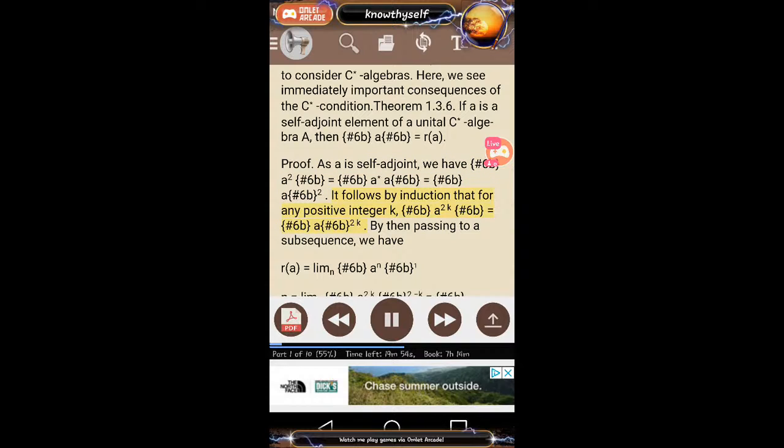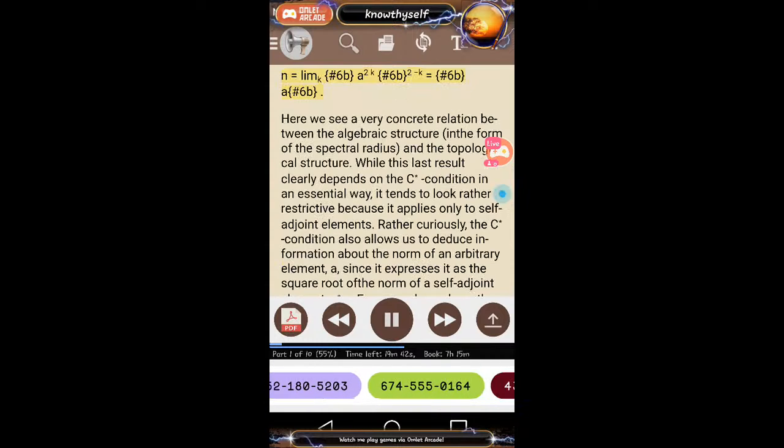It follows by induction that for any positive integer k, ‖A^(2^k)‖ = ‖A‖^(2^k). By then passing to a subsequence, we have r(A) = lim ‖A^n‖^(1/n) = lim_k ‖A^(2^k)‖^(2^(−k)) = ‖A‖.